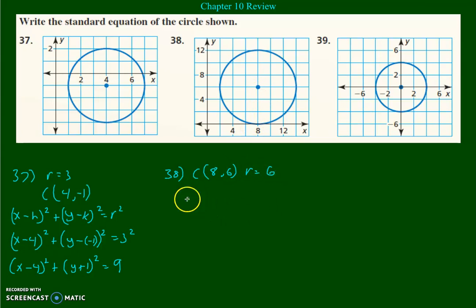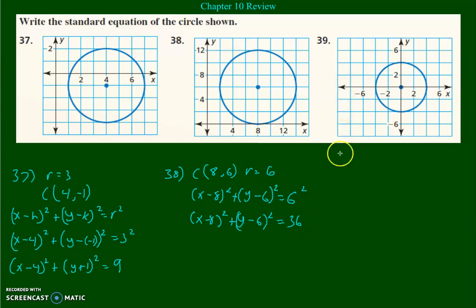Again, using this form, we have x minus h, which is 8, squared, plus y minus k, which is 6, squared equals the radius squared, 6 squared. That gives us, as a final form, x minus 8 squared plus y minus 6 squared equals 36.